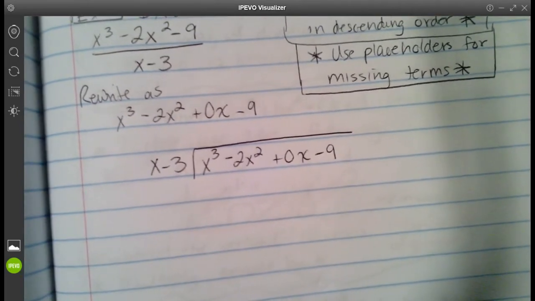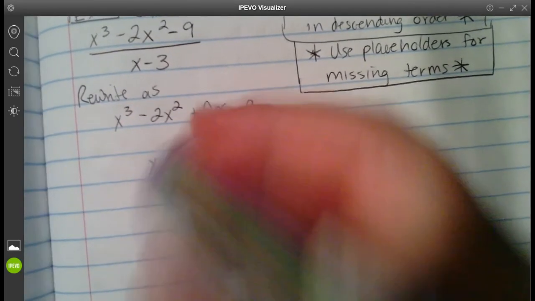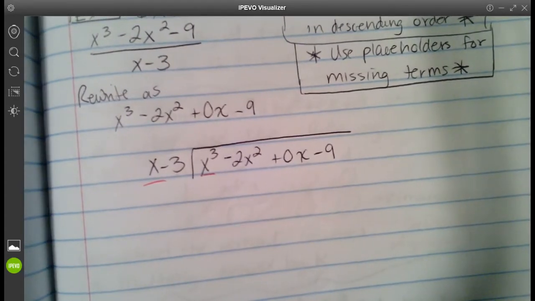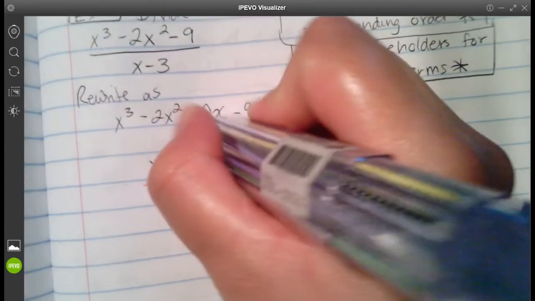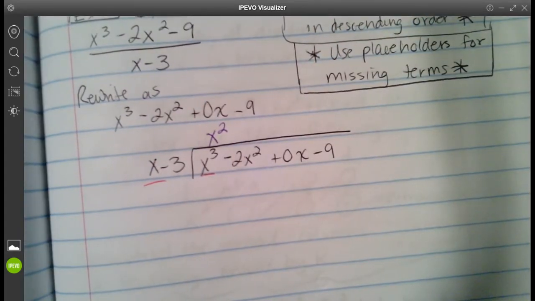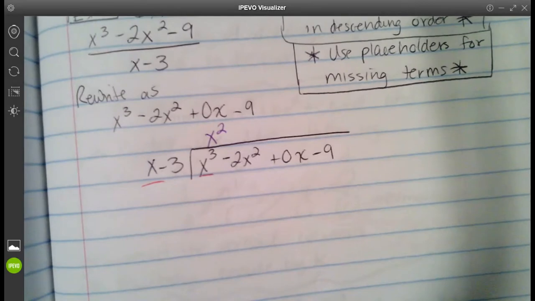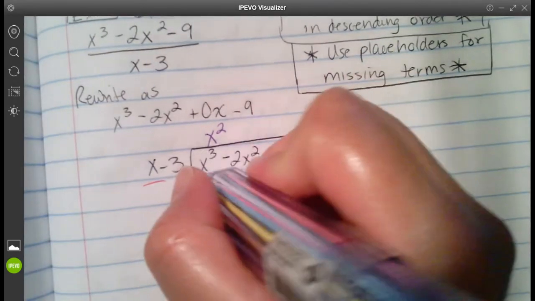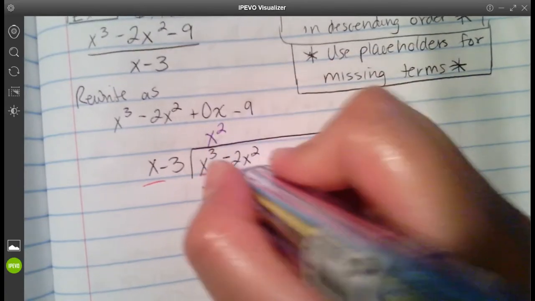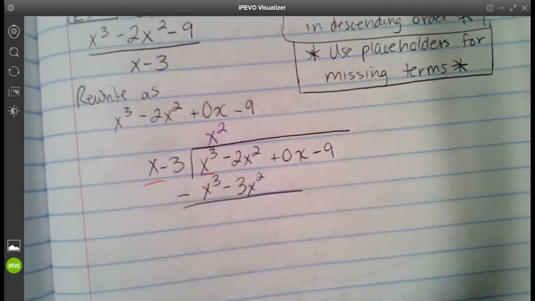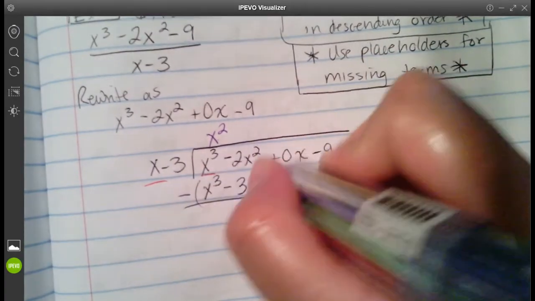Okay, so same thing as before. We're going to do x cubed divided by x, which is x squared. That goes on top. Okay, and then we multiply. So x squared times x minus 3 is going to give us, let's see, x cubed minus 3x squared. We subtract.